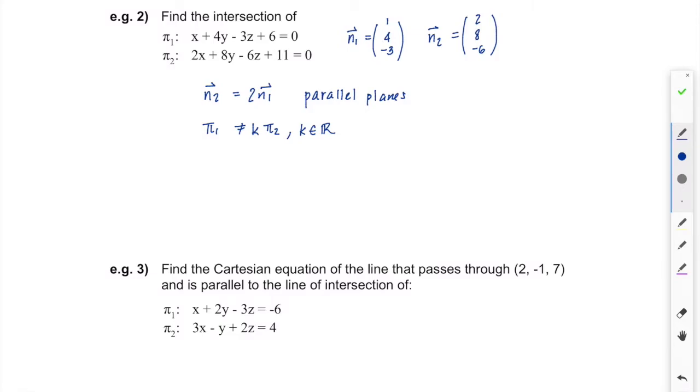This indicates that the planes are not identical. As a result, there is no solution. If you recall, what we are looking at here are two parallel but non-coincidental planes, pi 1 and pi 2.